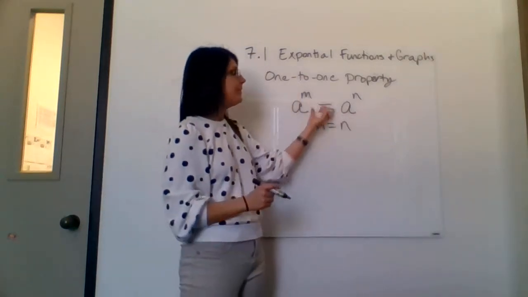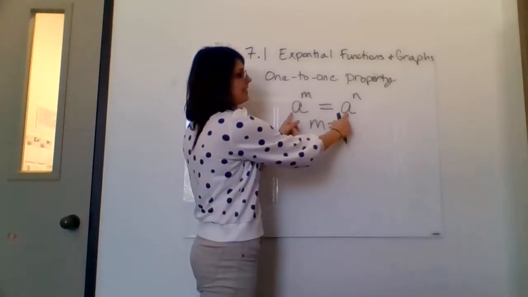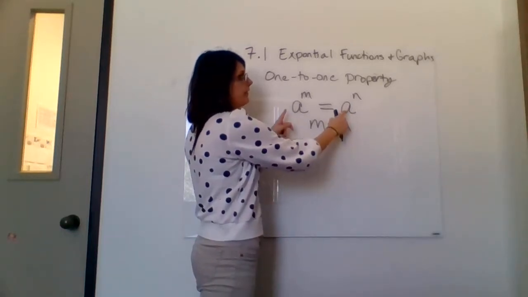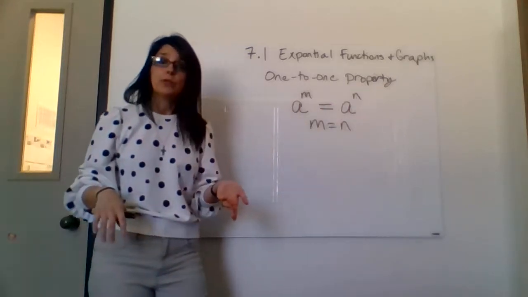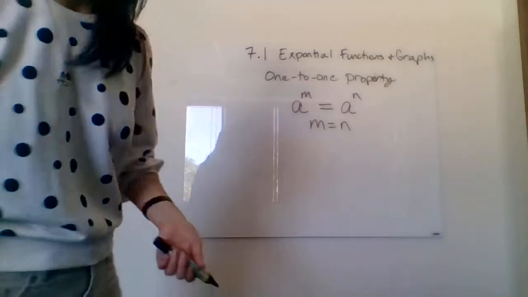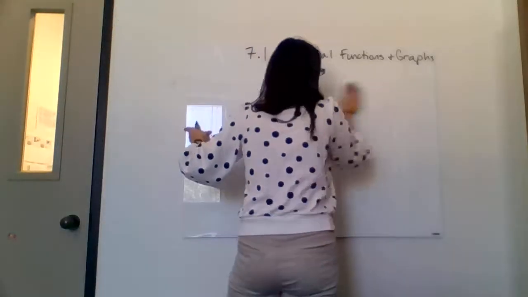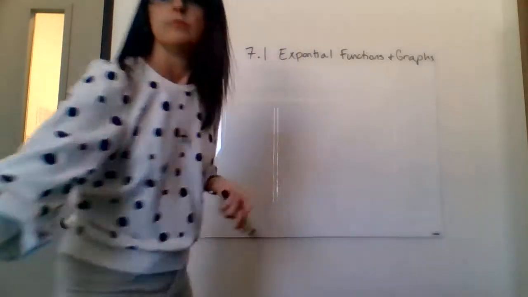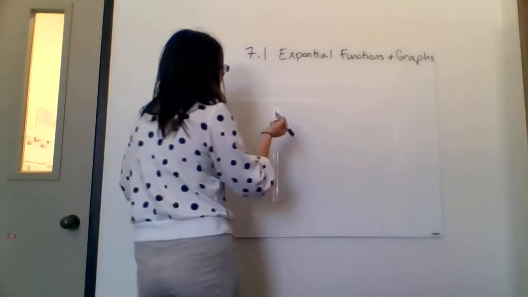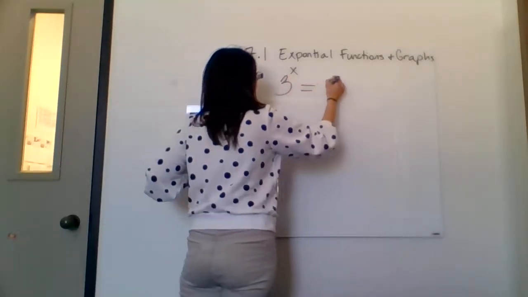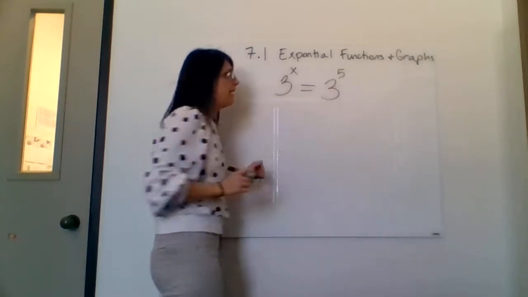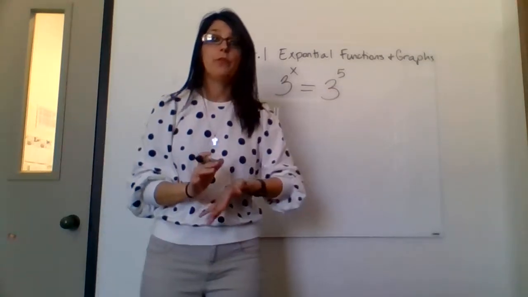So if I can get the bases in my equation to be the same, then this property will hold and I'll know that those exponents are also equal to each other. Let's look at a little example real quick. Say I have 3 to the power of x equals 3 to the power of 5, and I want to solve this equation for x.